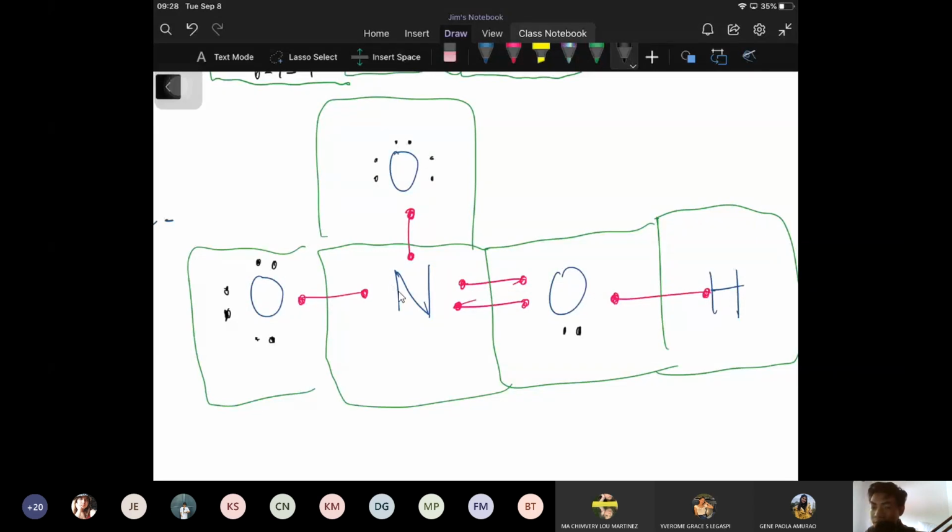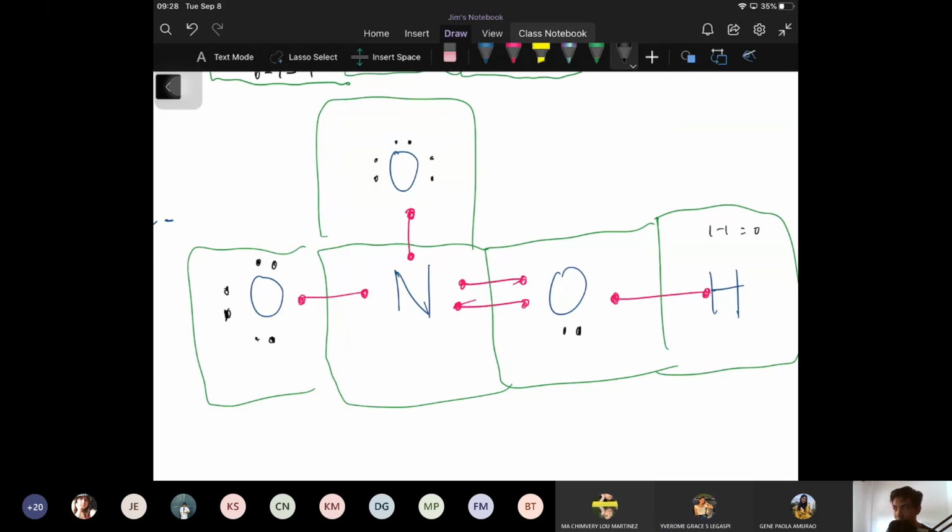I want you to find the formal charge of hydrogen, it is 0 already. 1 minus 1, 0. It is just one dot. How about this oxygen? What is its formal charge? 1.